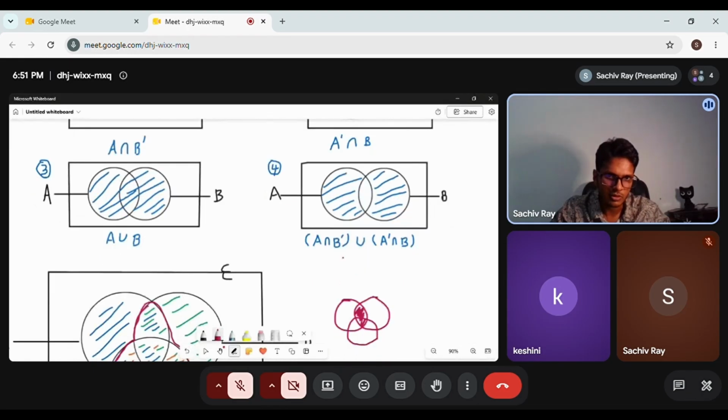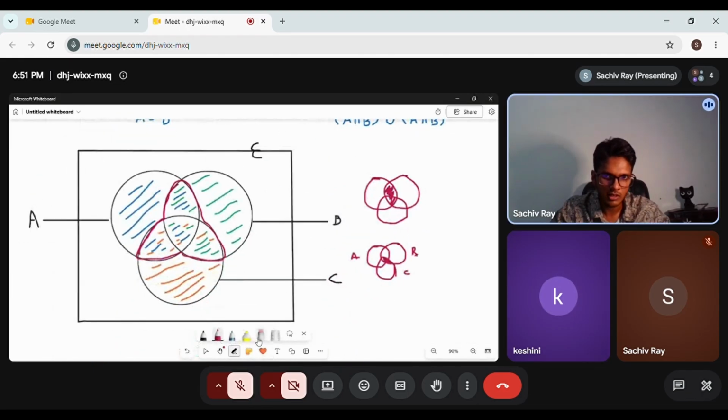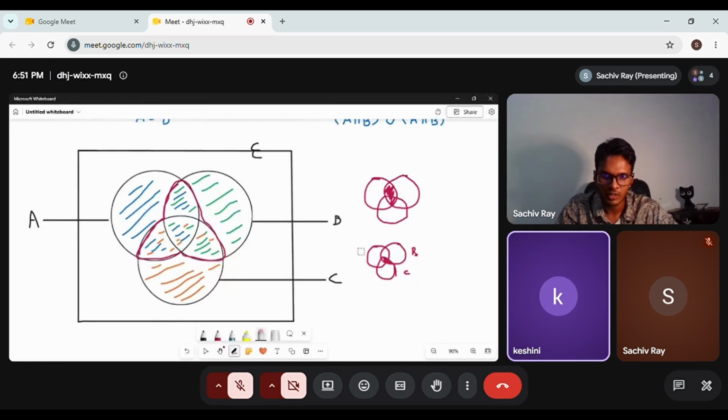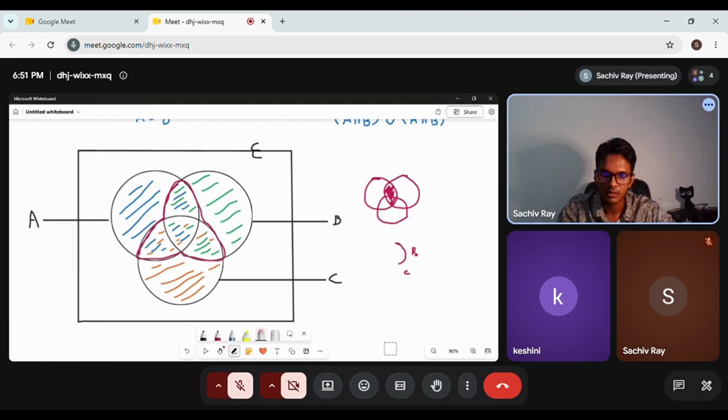So for this case, what should we do? Same thing three times. That's it. Can you tell me the answer?